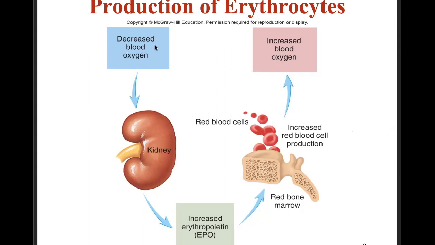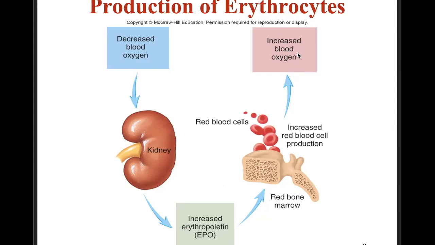So a decreased blood oxygen level will stimulate your kidney. Eventually there's going to be increased erythropoietin, or your EPO, which acts on the red bone marrow. Erythropoietin stimulates the red bone marrow to produce more erythrocytes, and in return the increased erythrocytes will increase the blood oxygen of the body.